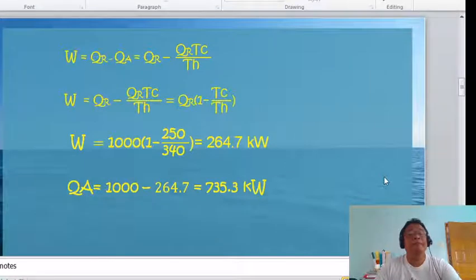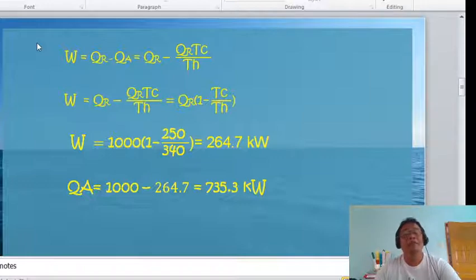So we have here now the work. Actually, work in the Carnot cycle is QA minus QR, but in the reverse Carnot cycle, that is QR minus QA. Substituting now here, QR minus QR multiplied by T cold over T high.